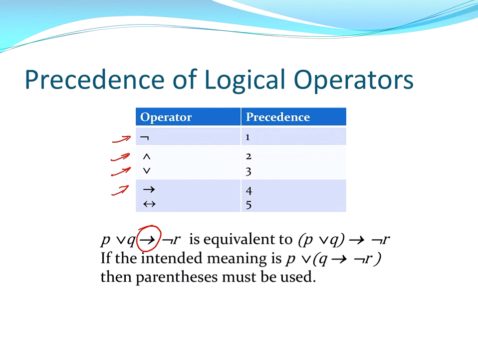We could use parentheses to force the ordering, but we didn't need to because implication is done last. But if we had intended P or the result of Q implies not R, we would need parentheses to do that. Okay, that concludes this presentation. I will have one more video showing the shortcut procedure for truth tables.